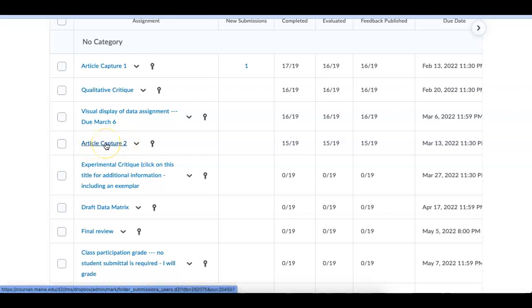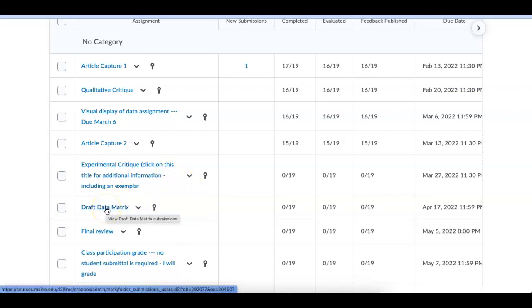Everybody should have gotten their grade, which was 2. Basically, it was only 2 points, so you got some comments back from me on that. This next Sunday night by midnight is the experimental critique. That is due. We'll get into the specifics on each one of these. Then we have a gap between assignments.